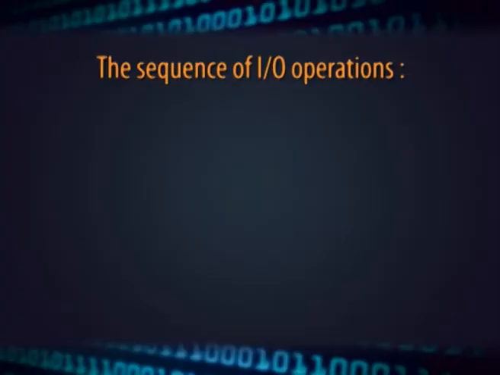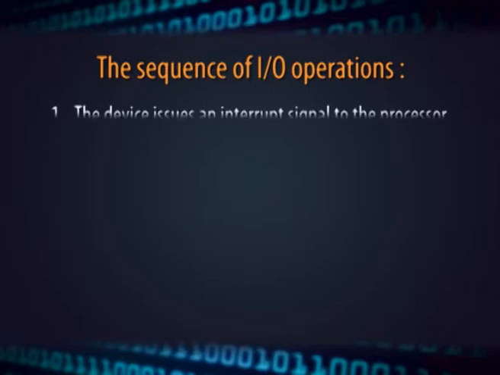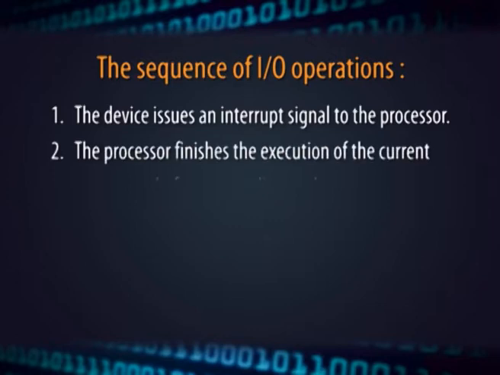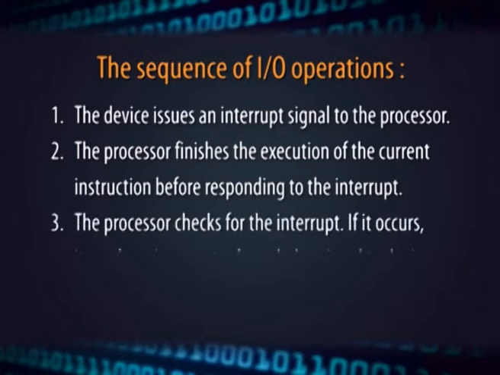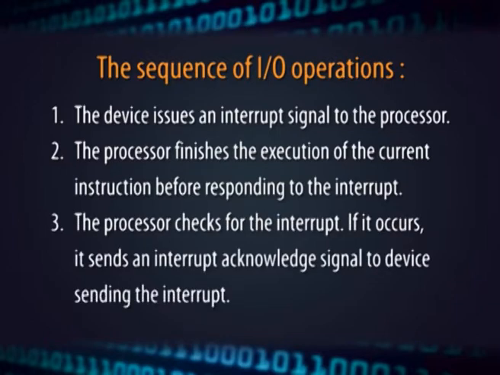The sequence of the I/O operations can be summarized next. First, the device issues an interrupt signal to the processor. Second, the processor finishes the execution of the current instruction before responding to the interrupt. The processor checks for the interrupt. If it occurs, it sends an interrupt acknowledge signal to the device sending the interrupt.